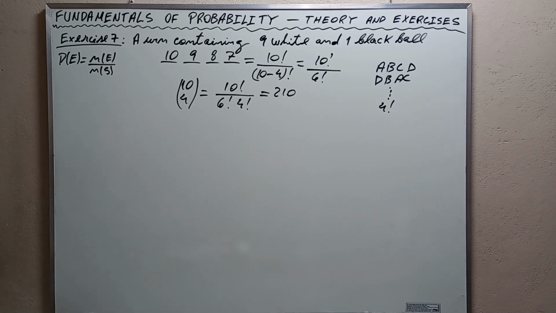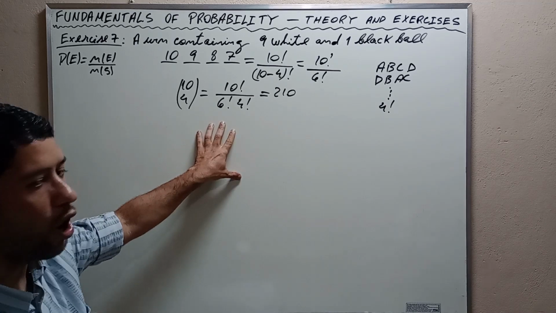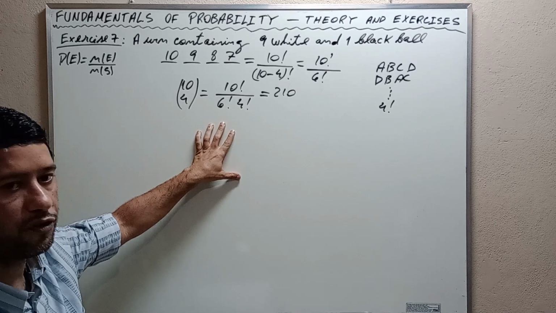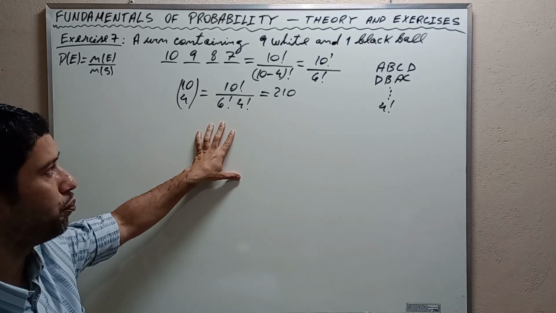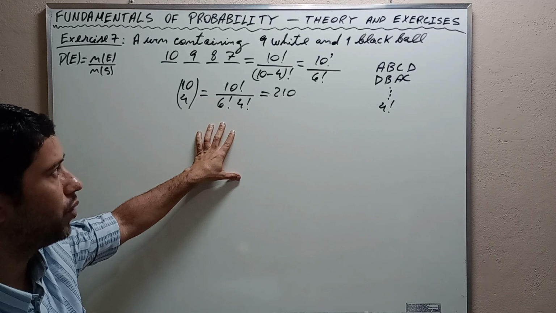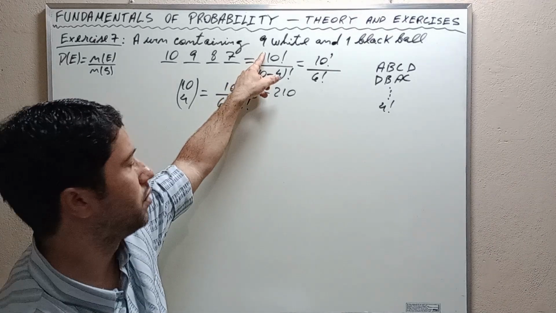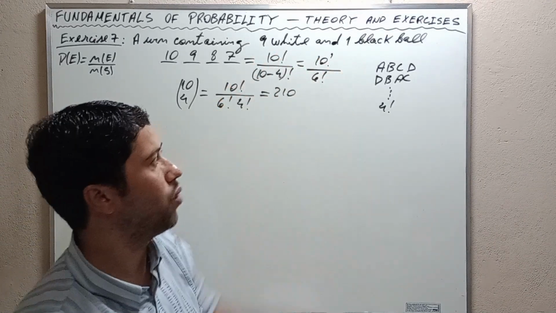Thus the actual sample space is 210 possible selections of 4 balls from a group of 10. We are not distinguishing color here, we are treating them as simply balls. We are not distinguishing the 9 white and the 1 black.